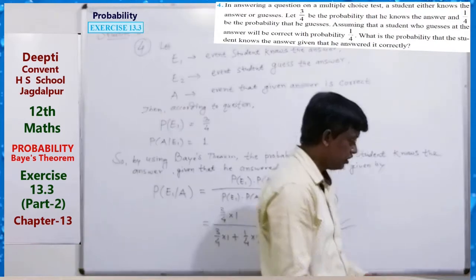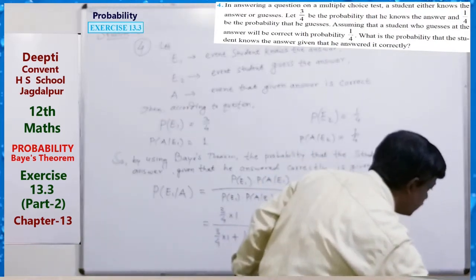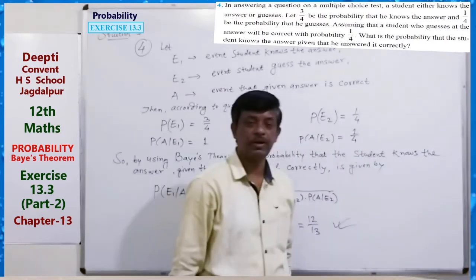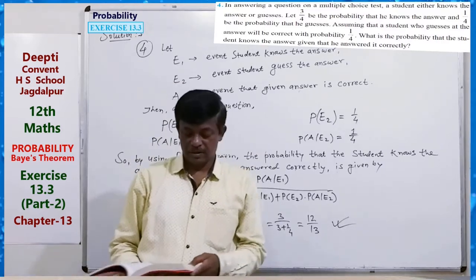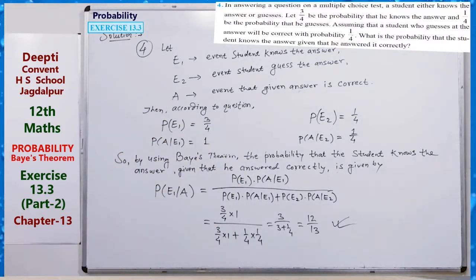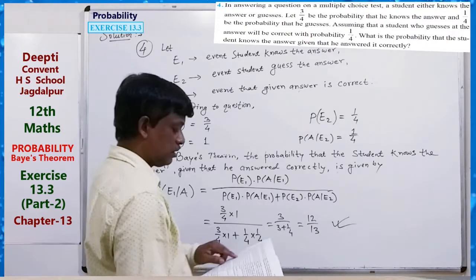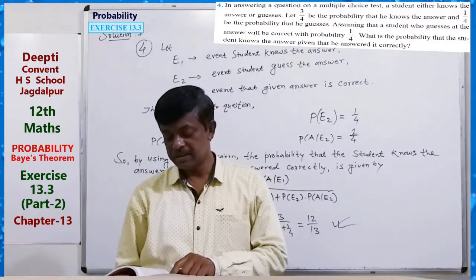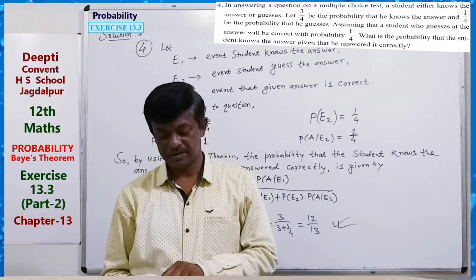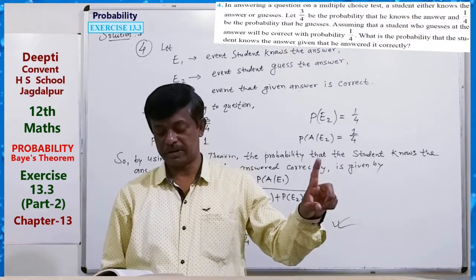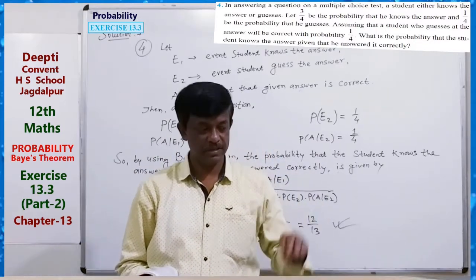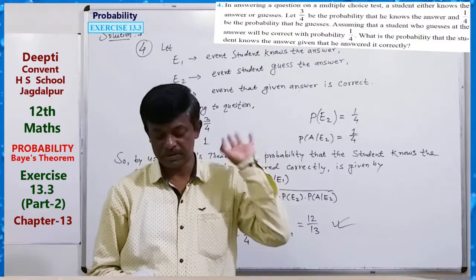Okay, so next, question 5. A laboratory blood test is 99% effective in detecting a certain disease when it is in fact present. If the disease is present, then 99% detect.